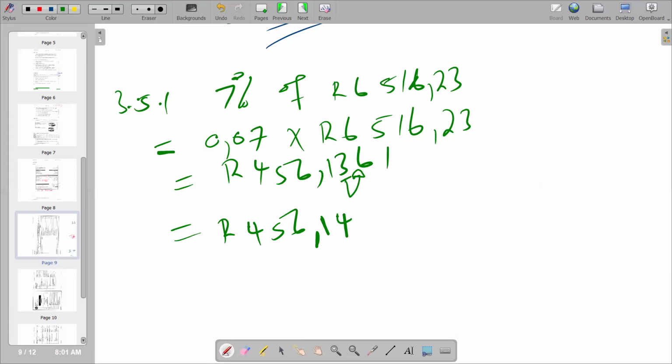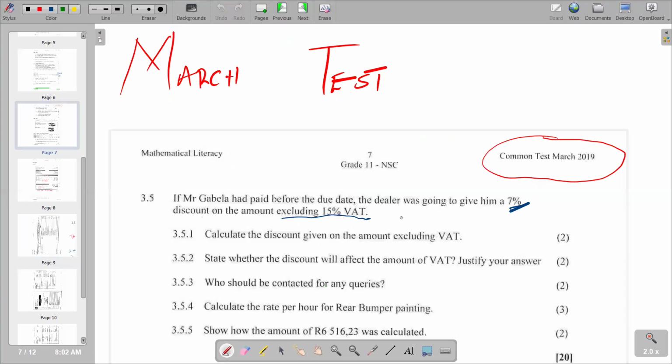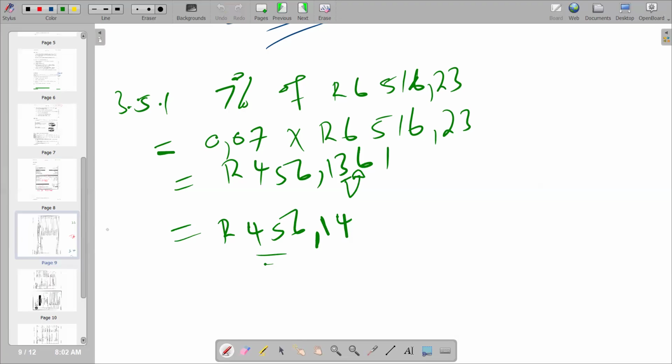So this is what we have on the discount. So if you refer back to our question, you'll see that our question needs us to calculate the discount given on the amount. So this becomes your discount. So it means the discount that we have is 456 rands 14 cents.